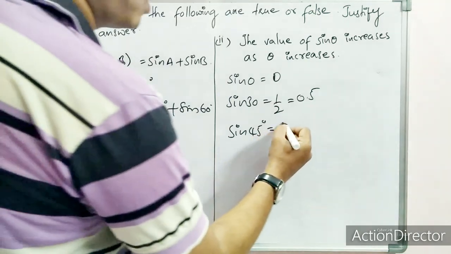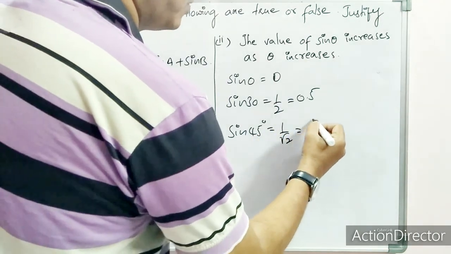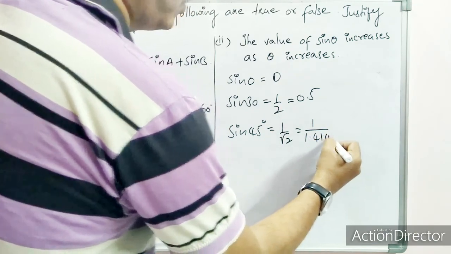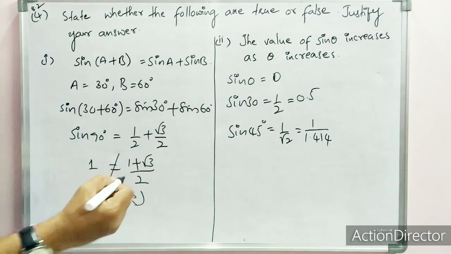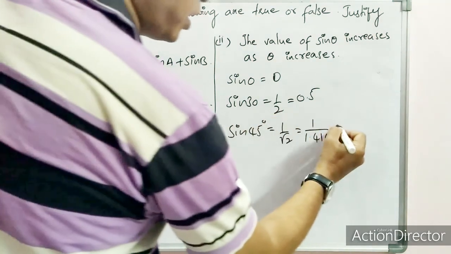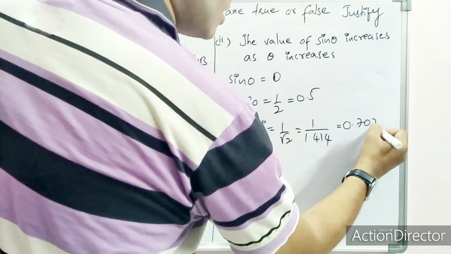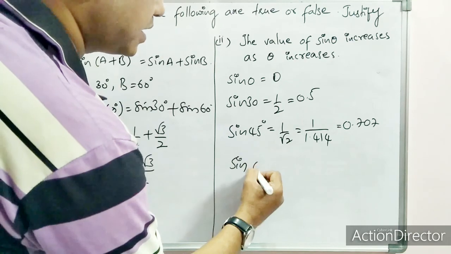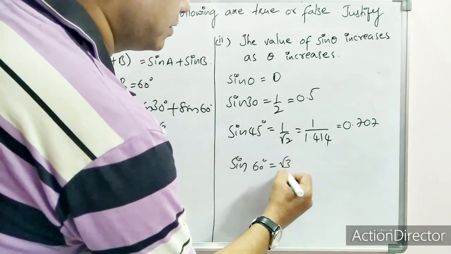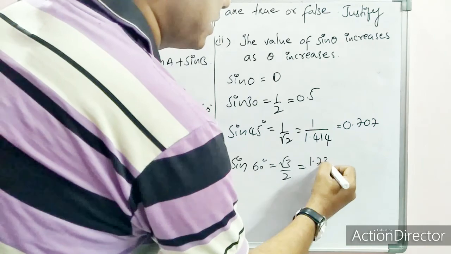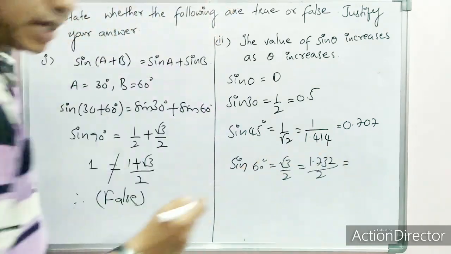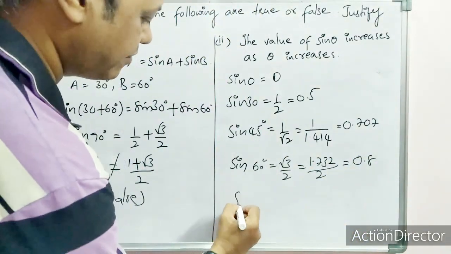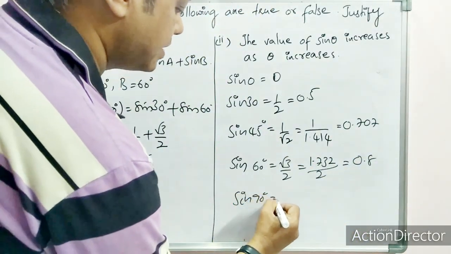Sin 45 is 1 by root 2, which is 0.707. Then sin 60. Sin 60 is root 3 by 2, which is 1.732 by 2, and this value I can write as 0.8 something. And finally sin 90 is equal to 1.